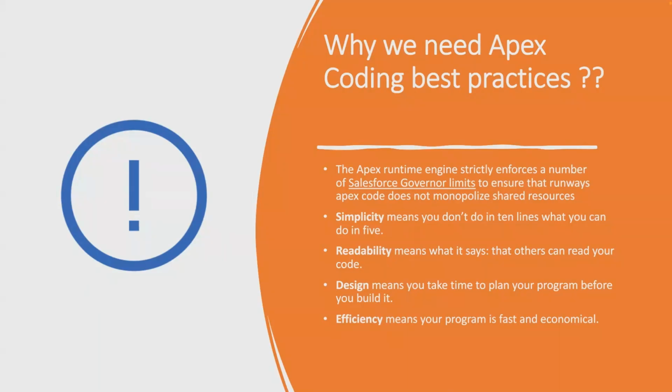Readability plays an important role. Let's suppose we are deploying in an existing project, and if the code is not very readable, it will be a problem for any other developer to understand the thought process of the previous developer and why he wrote that code.